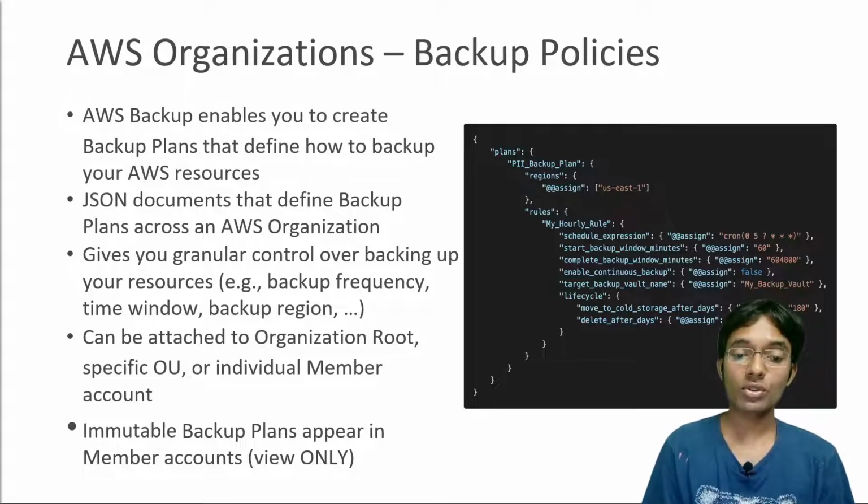They will appear in the member account within AWS Backup, but this is a view-only type of view that can only be managed within the management account of your organization.